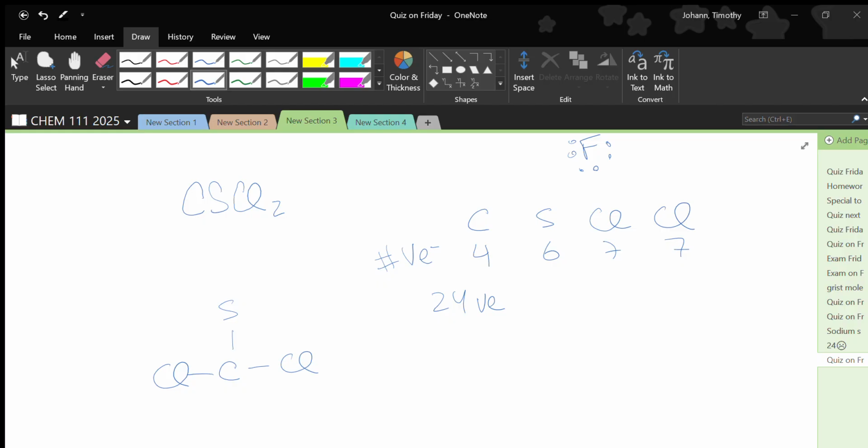We're not talking about shape yet. Lewis dot structures aren't about shape, they're about how many bonds. We will use them later to help us determine shape, but we're going to have to add something else to that. All right, now I'm going to go ahead and give everybody valence electrons here. Fill these things up. And now I'm going to count how many I used.